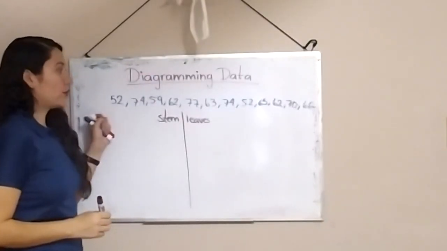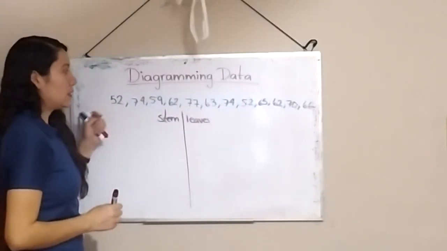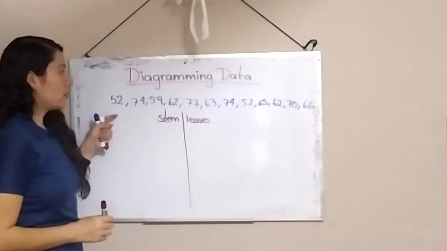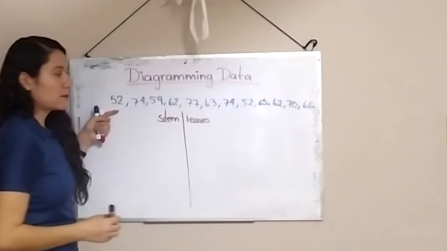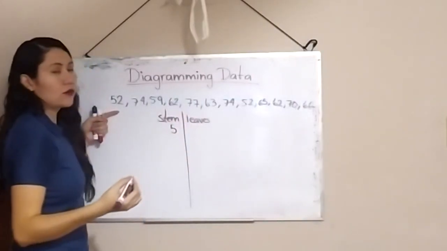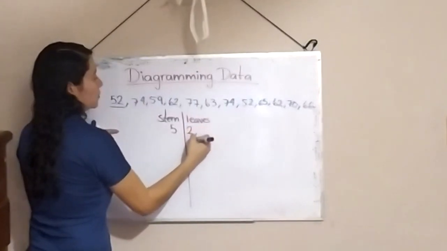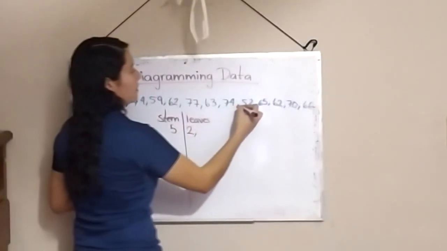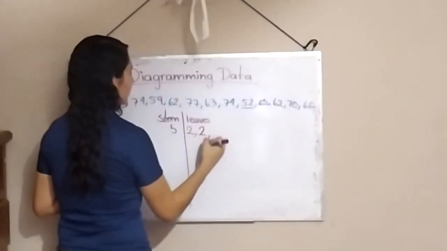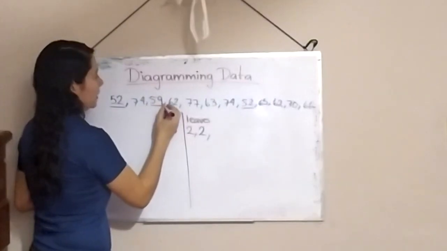The stem, we're going to take everything else that is not units. In this case, we only have tens. And we're going to start with the 50s. Our stem would be the 5, and our leaves, we have 52, so it's going to be a 2. We have another 52 in here. We place another 2. We have a 59.